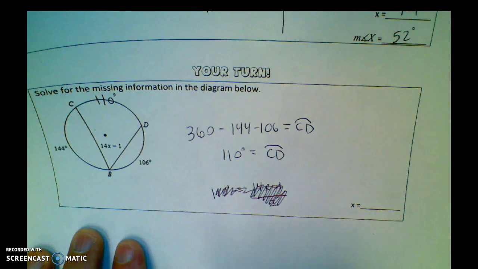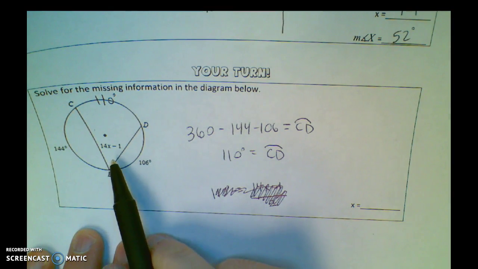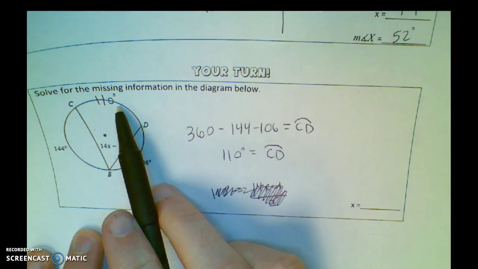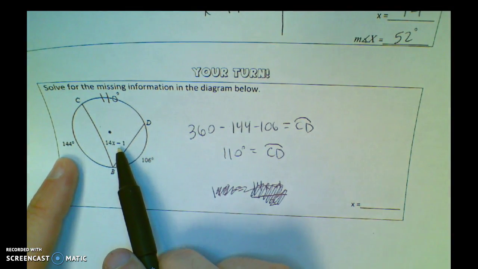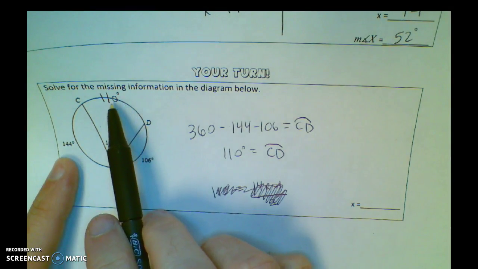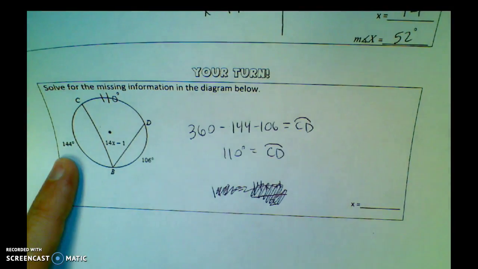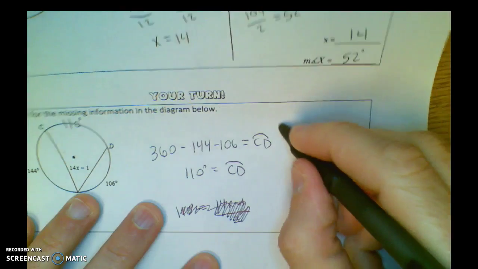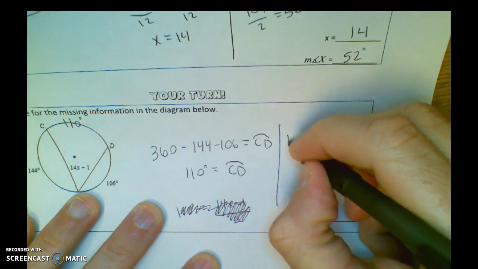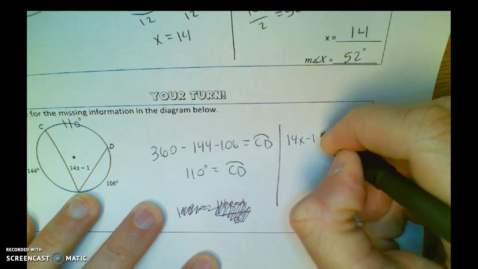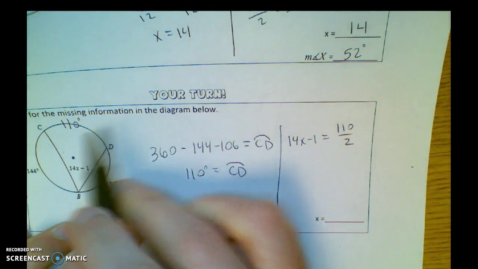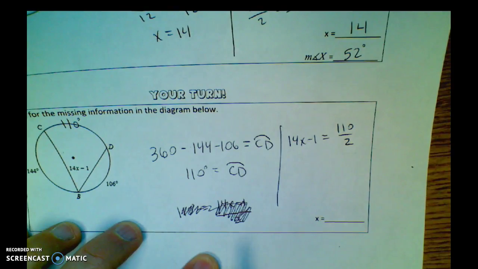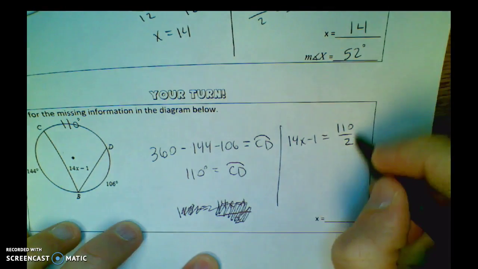Alright, so now we're going to find the value of X with the inscribed angle and the arc. Remember, the inscribed angle is half of the arc. I'll do my work on the side here. 14x minus 1 equals 110 divided by 2, because it's half of the arc length that it forms.